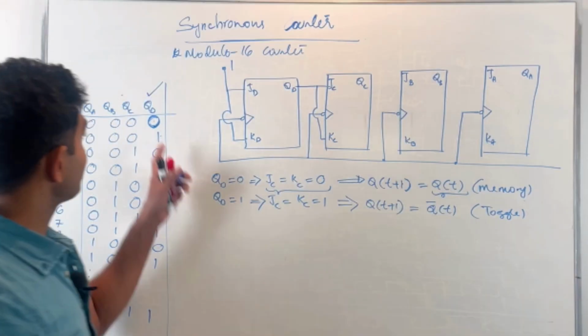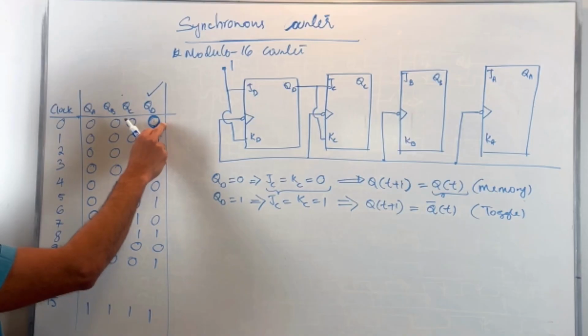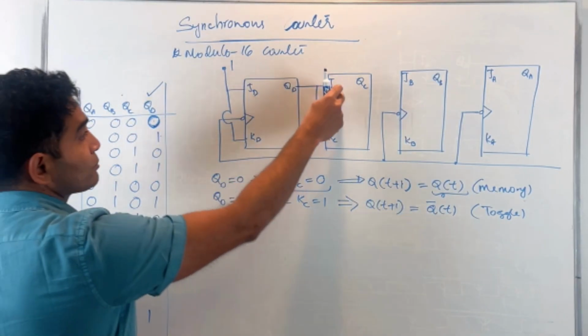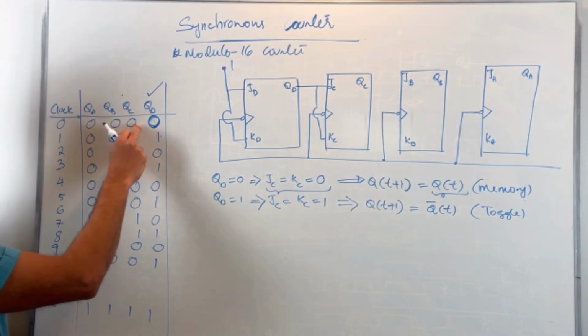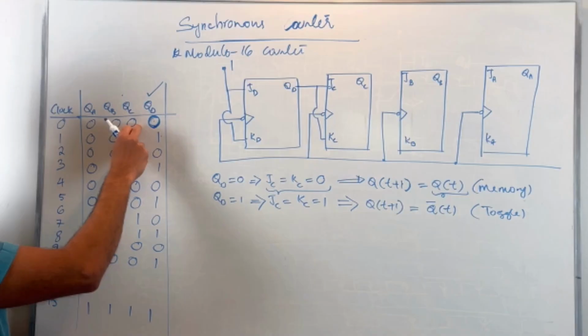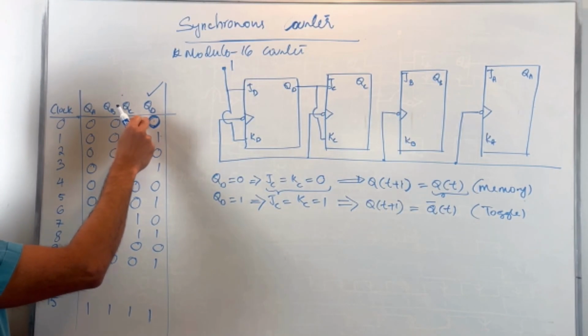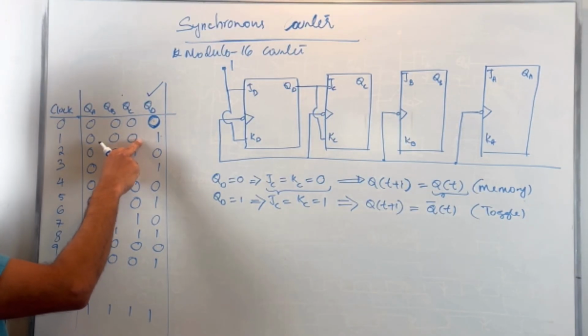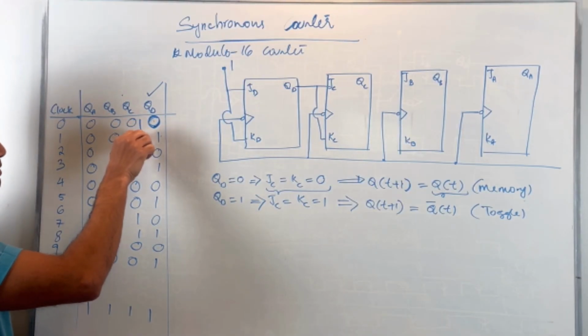Now let's examine here. When QD is 0, my JC and KC values are zeros, right? My QC was 0 to start with. On the next triggering instance, my QC maintains the same value because my JC and KC were zeros. On the next triggering instance, that corresponds to a memory condition, so it retains the values.